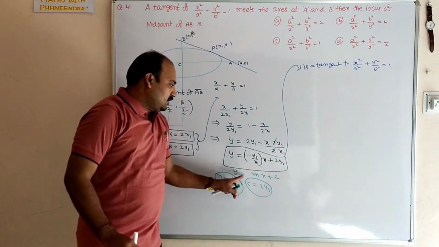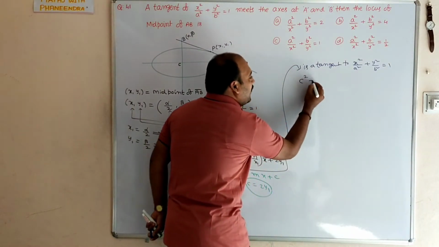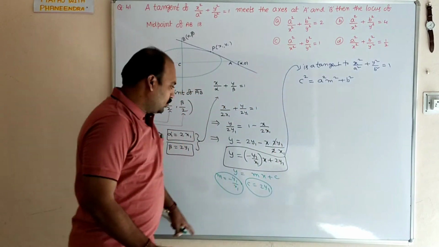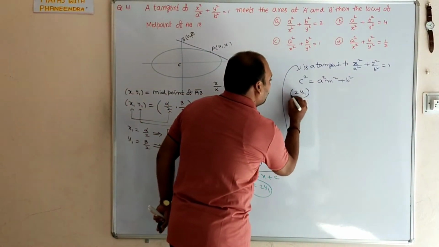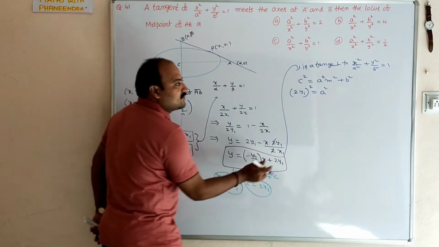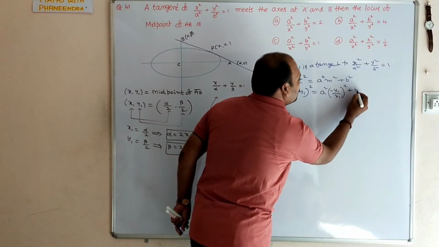We know that for y is equal to mx plus c to be a tangent to the ellipse, what is the condition? c square equal to a square m square plus b square. So what is c? 2y1. 2y1 whole square equals a square into m square, and m is minus y1 by x1, whole square, plus b square.